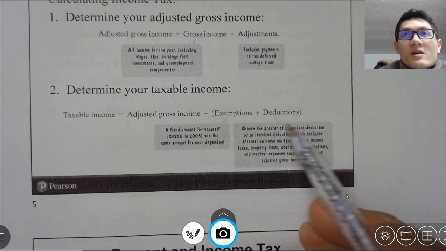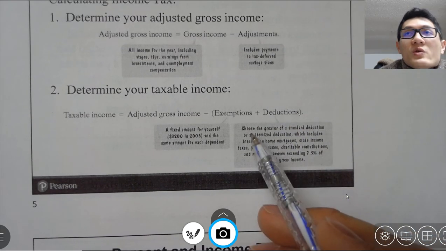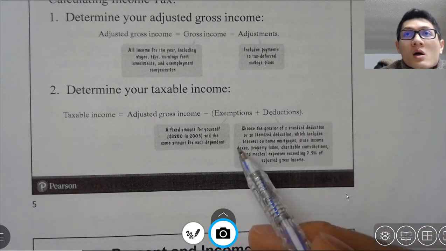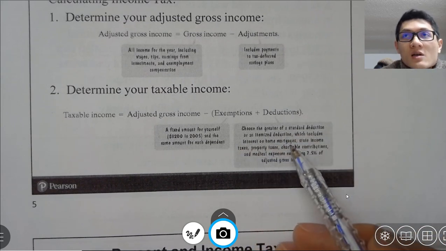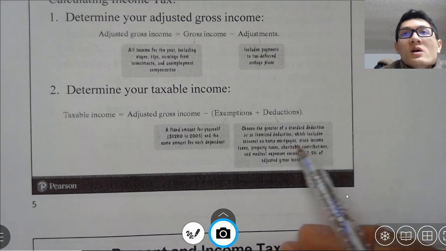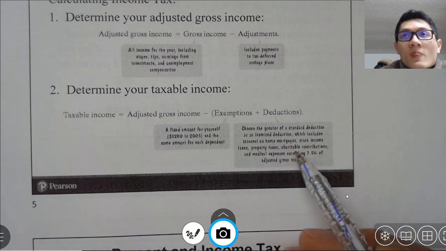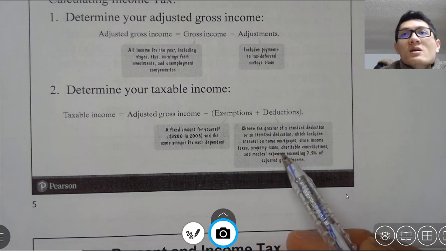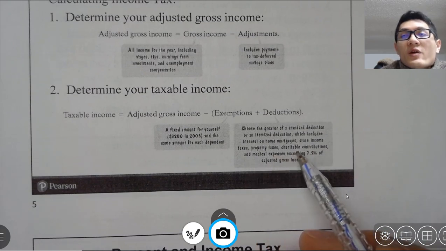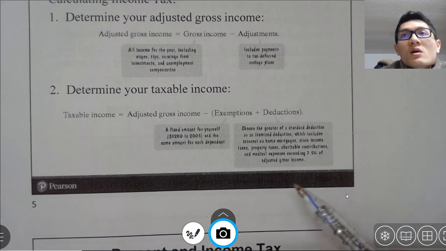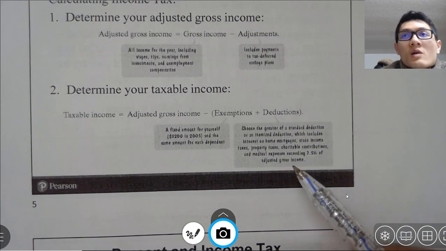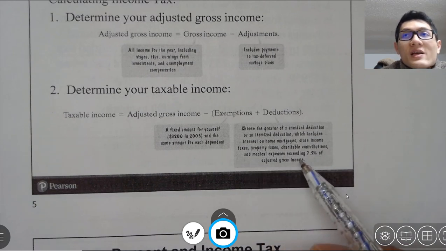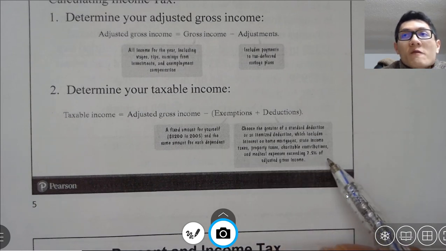Now we choose between a standard deduction or an itemized deduction, which includes the interest on the home mortgage, the state income taxes, property taxes, charity works, the donations that you make, and medical expenses exceeding 7.5% of your adjusted gross income.